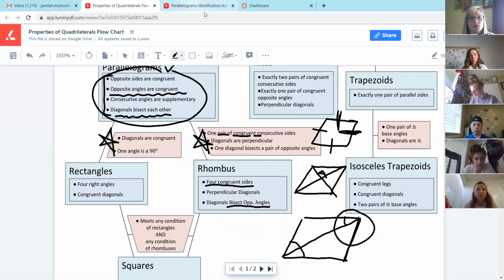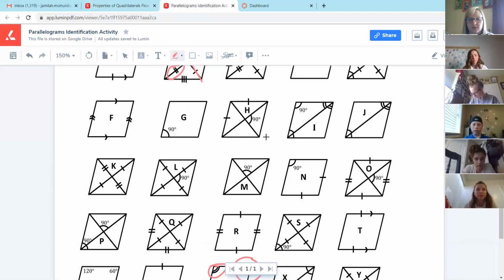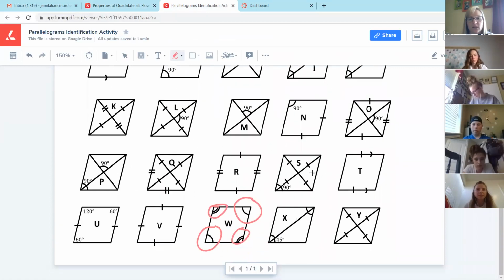Okay, but let me just show you really quick because we didn't talk about any of the other diagonal ones. What is S telling us? Everybody look at S for a second. Why are these all just single tick marks? They're all congruent.